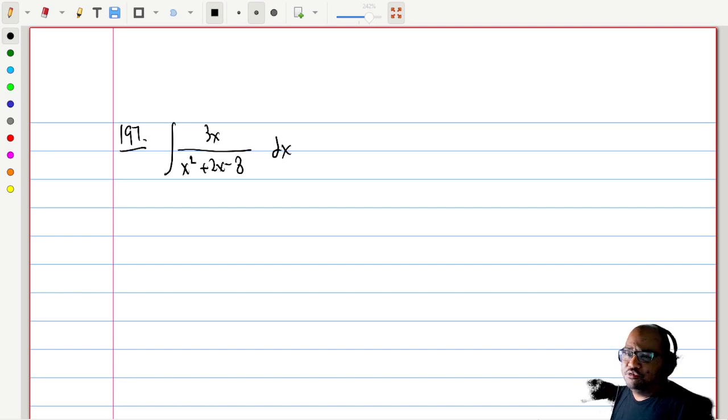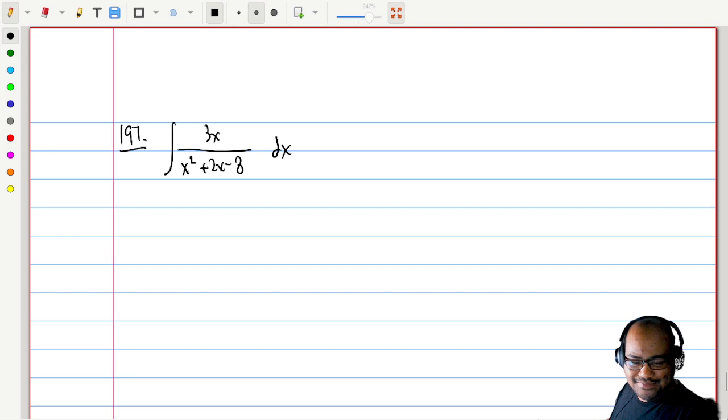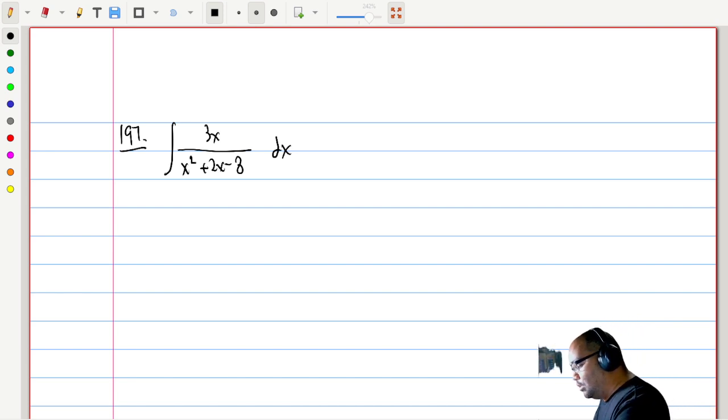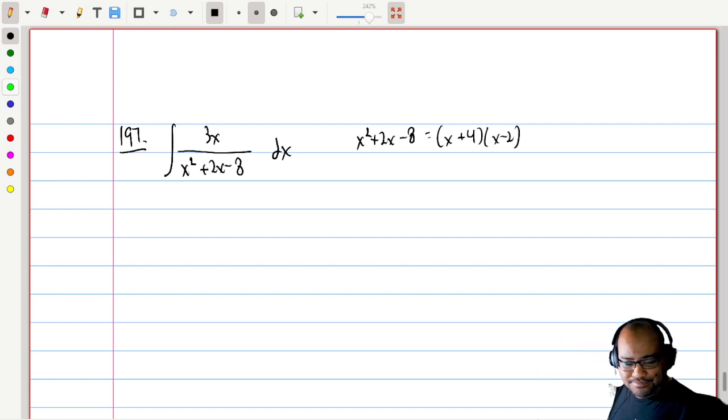All right, let's look at this integral. So this is a rational function, and the way that we integrate these is with partial fractions. Okay, so the idea is to first write this. There we go. Partial fractions. So we're going to note that the denominator can be factored as x plus 4, x minus 2.